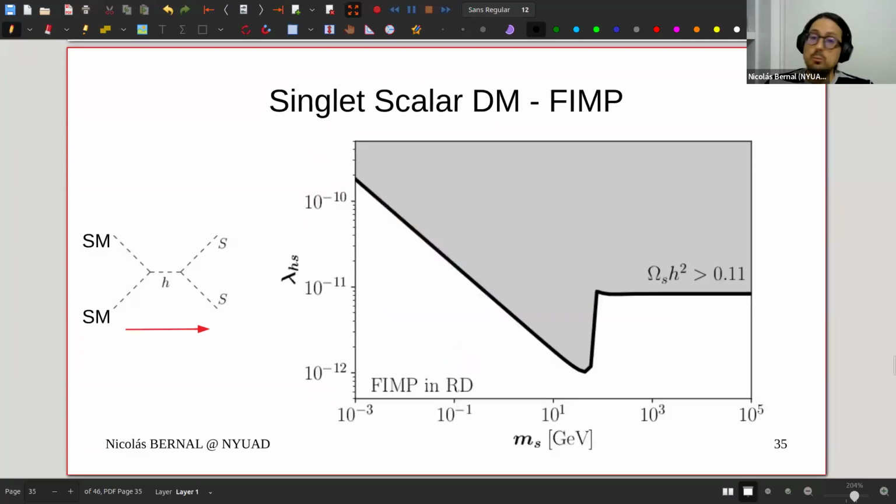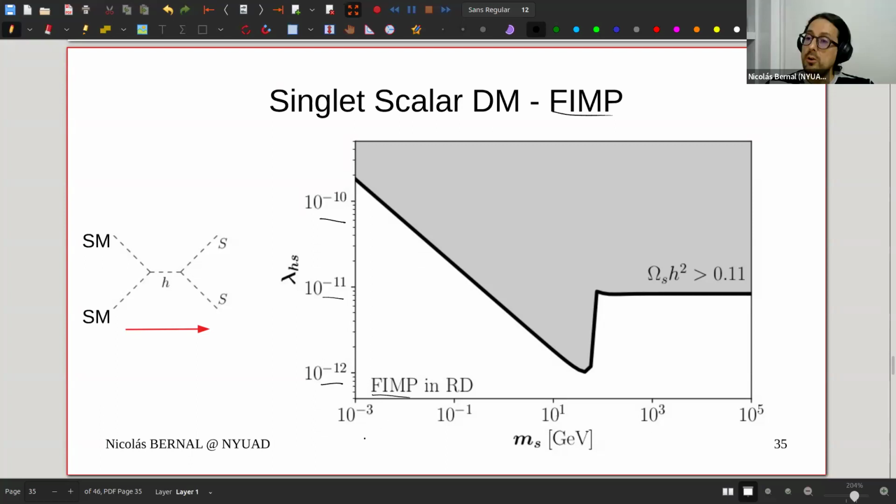However, this is not the only mechanism. We also talk about FIMPs. Now it's FIMP dark matter. It's exactly the same model, right? Now for FIMPs, again, this is the parameter space. This thick black line corresponds to the parameter space that reproduces observations for dark matter being produced via the FIMP mechanism. As I told you before, you need very small couplings, 10 to the minus 10, minus 11, minus 12, and a very large range of masses.